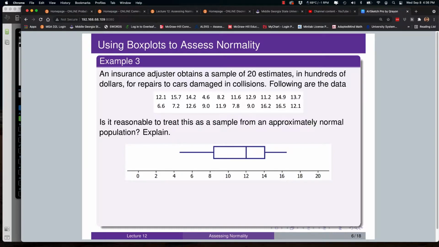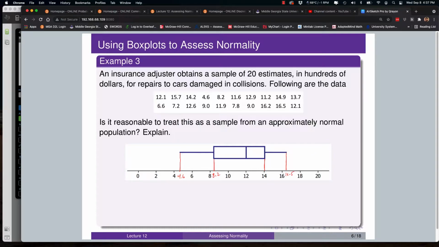If we look at this data value here, the minimum of that data set, it's going to be about 4.6 to the edge of the box here, which is about 8.2, I guess. And then the whisker from the other one goes from the edge of the box at around 14 all the way up to about 16.5, it looks like. That's probably 16.5.